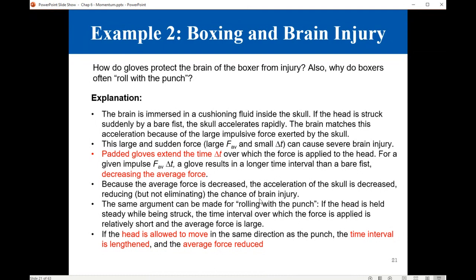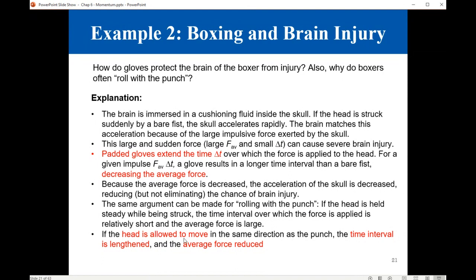The same argument can be made for rolling with the punch. So if the head is held steady while being struck, the time interval over which the force is applied is relatively short, and the injury would be great.